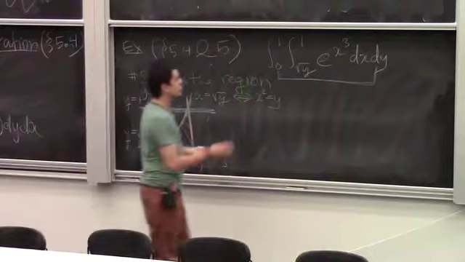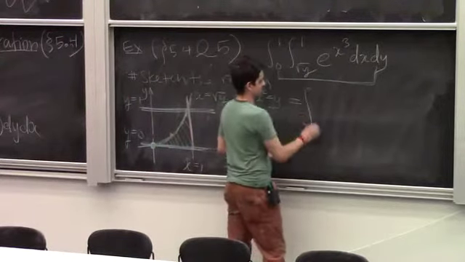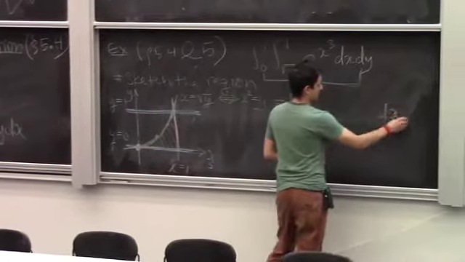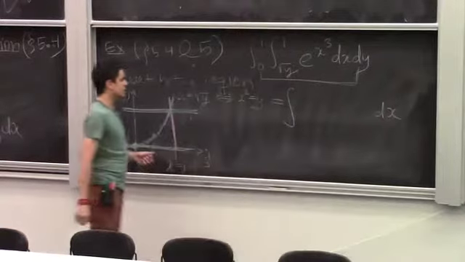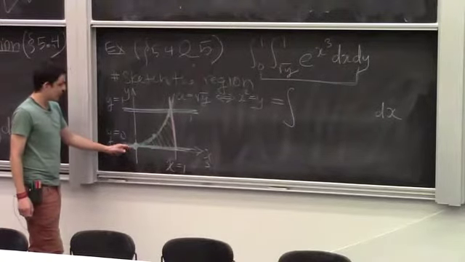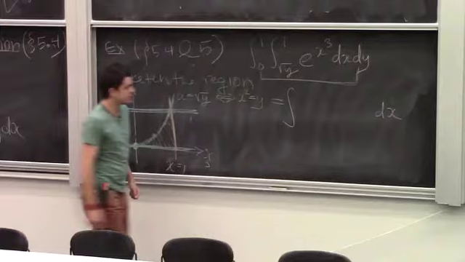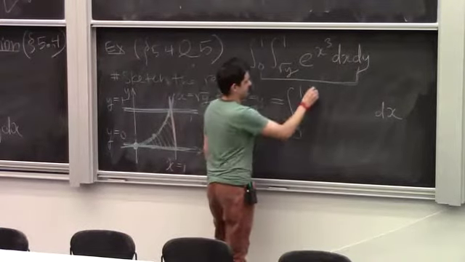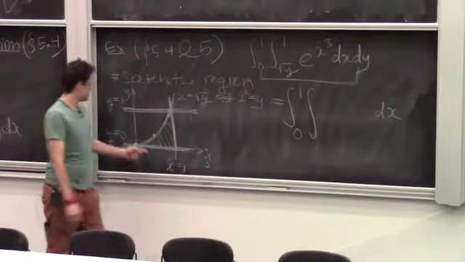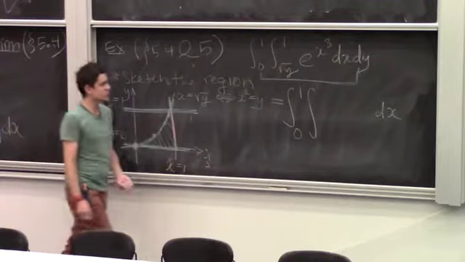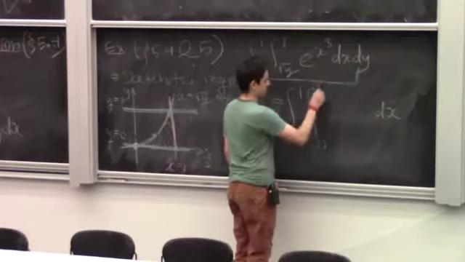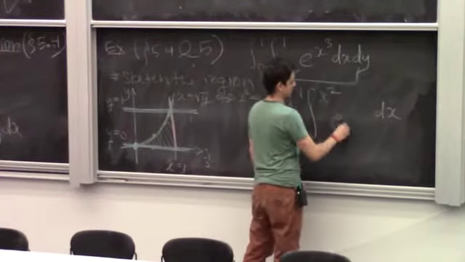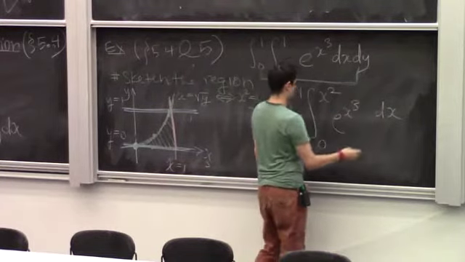So when we switch the order, now we'll get dx on the outside. X will run from 0 to 1. Y will run from 0 to x squared.